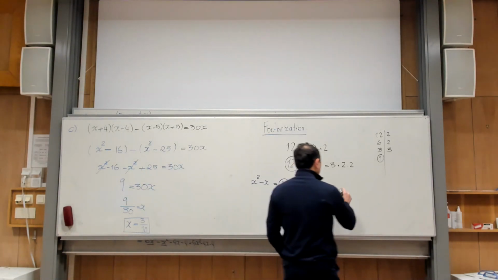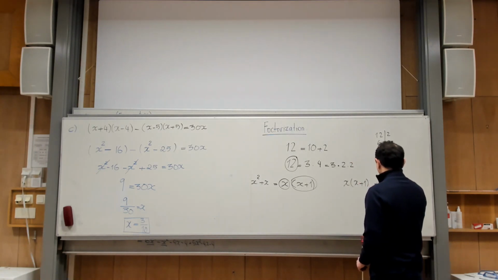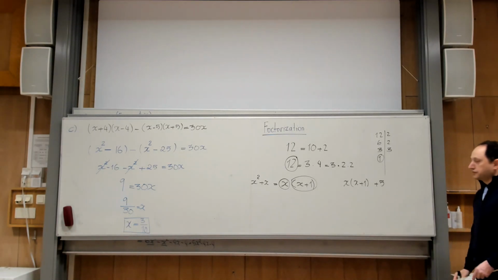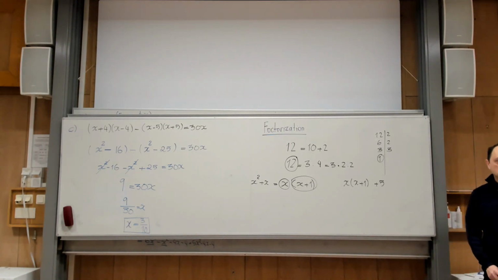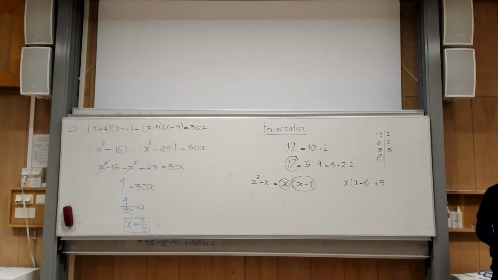But for example, can I consider this as a factorized form? x multiplied by x plus 1, plus 5. Is it in factorized form? No. Why? Because you add 5.